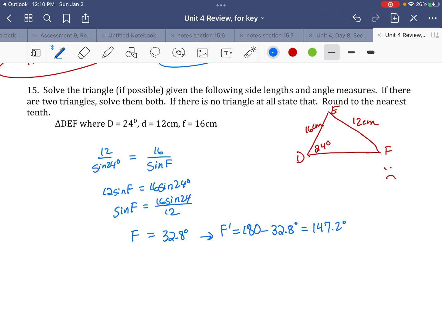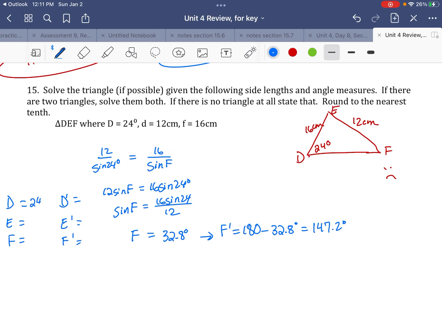All right, so let me start a list. I got D, E, and F. Alternate D, alternate E, alternate F. All right, so let's see if we even have a triangle.